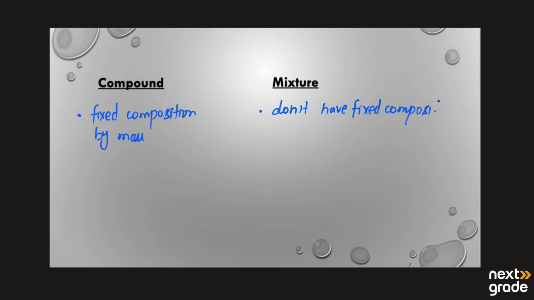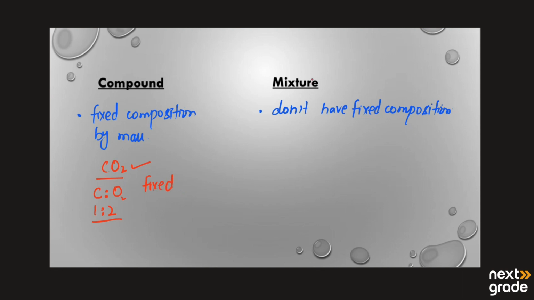What does fixed composition mean? In carbon dioxide, one carbon atom combines with oxygen atoms in a ratio of 1:2. Its ratio will remain fixed. It is not going to change.